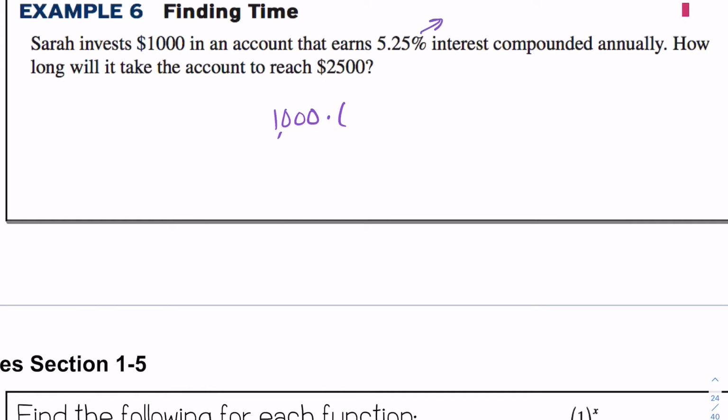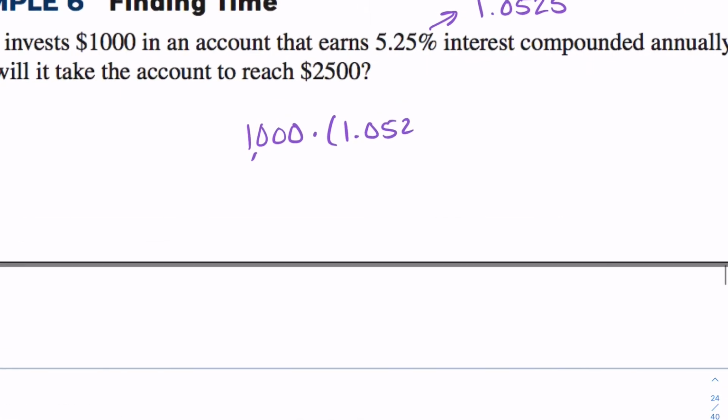So remember, this looks like 1.0525 to the time. And the question is, when will that equal the amount that I want, which is $2,500?